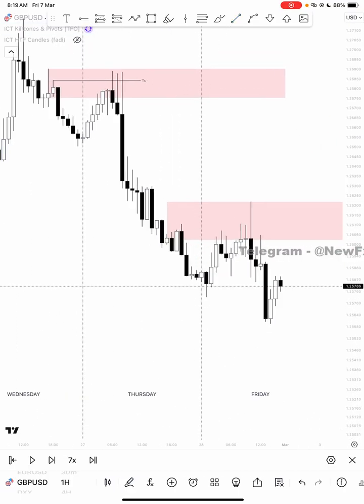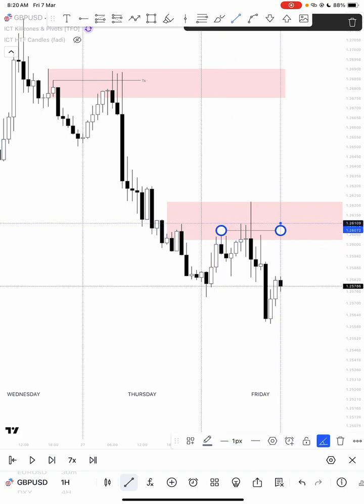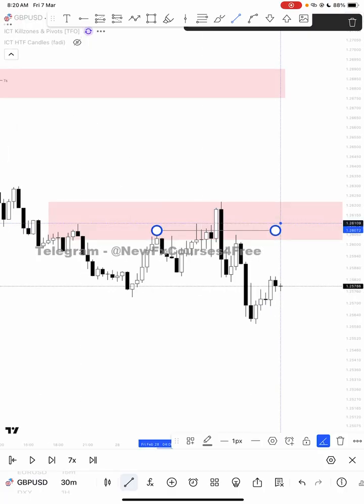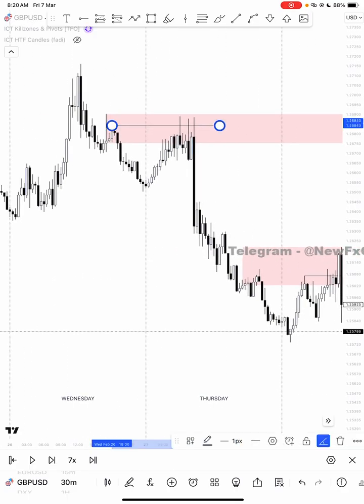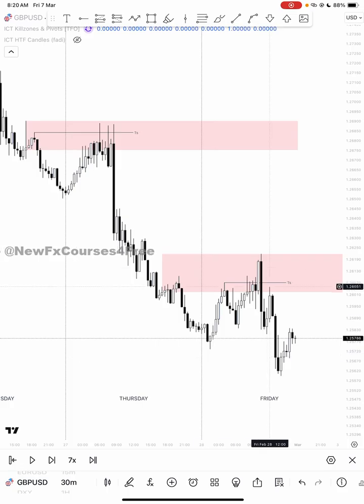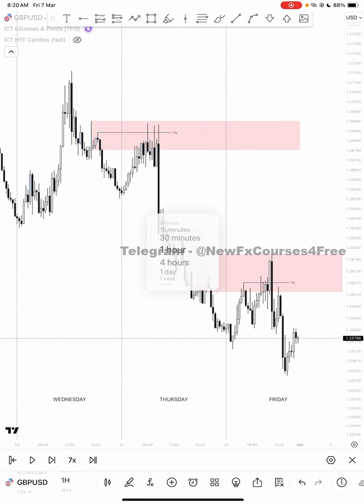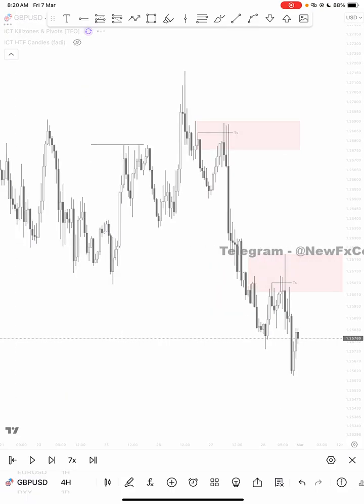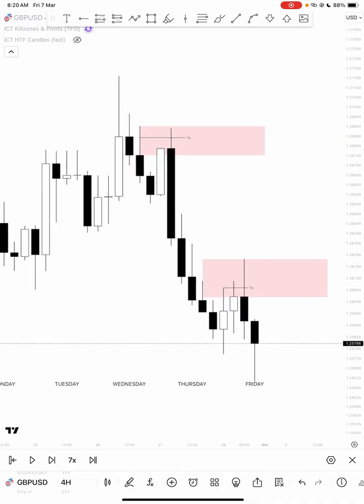And also here you got your turtle soup and your lower time frame order block. Let's go to the 30-minute time frame. So here, turtle soup, and also here, turtle soup. Then crashes. Turtle soup, crashes. So that's how you use the open, high, low, close with the daily time frame.